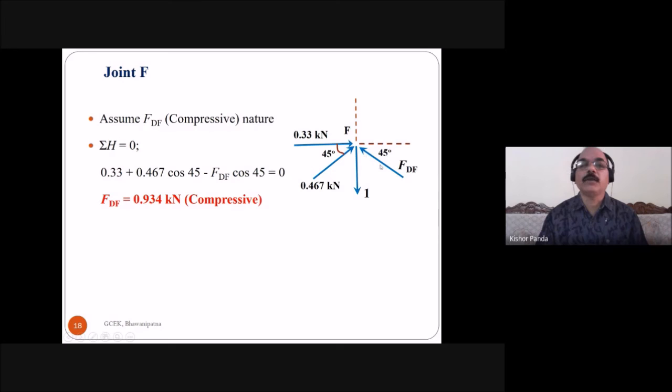Assume the nature of the force in the member DF is compressive. Then using the equilibrium equation, I find out the force in the member DF.